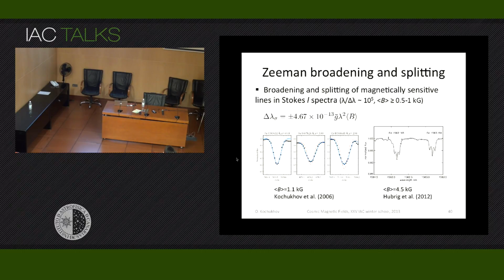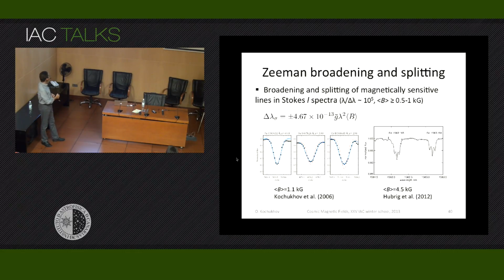So again, the effective Lande factor gives the sensitivity of the line, and then this is the average of the field modulus over the surface of the star, and you see that the splitting grows with lambda squared. So the further you go into the red, the more sensitive you become to extracting information about field modulus.